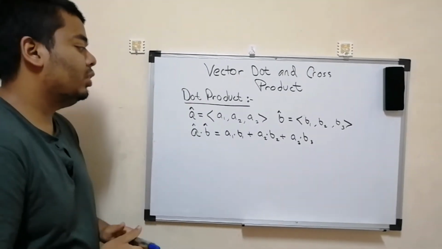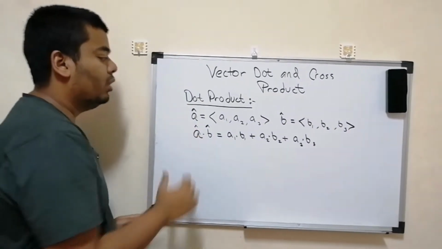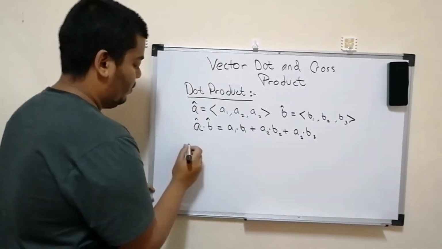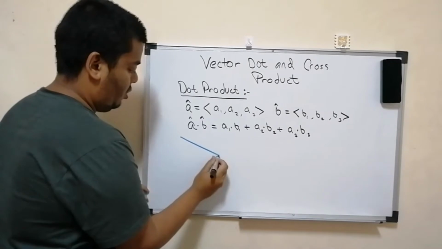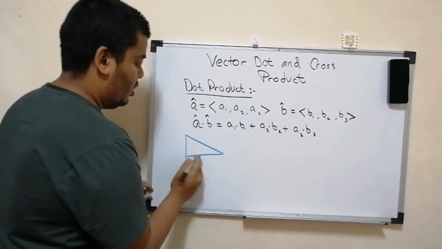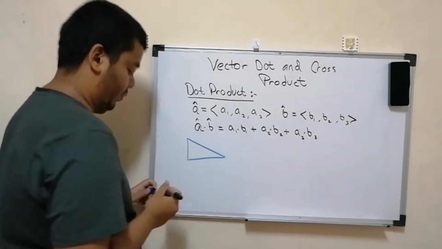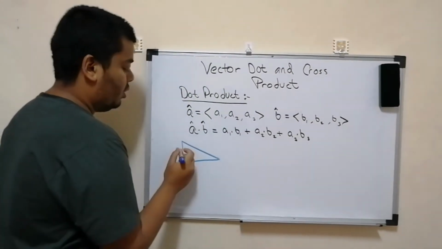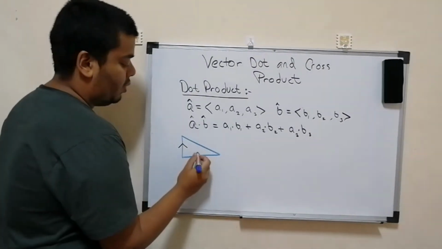Now let's consider this formula, and let us consider a triangle. It's not a right angle triangle, just a normal triangle. I'll put the directions for the triangle.